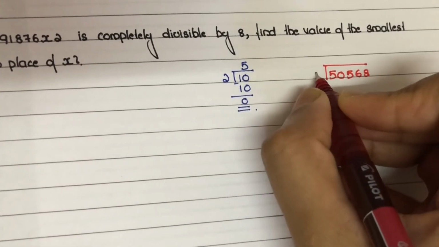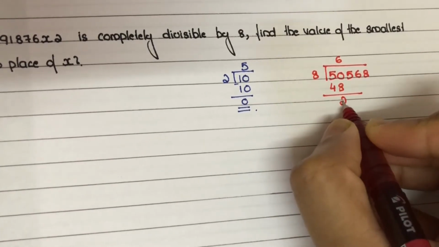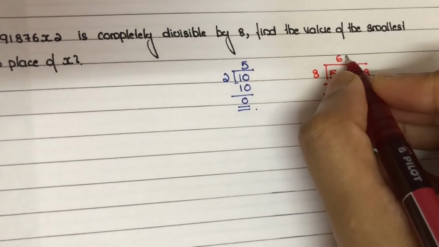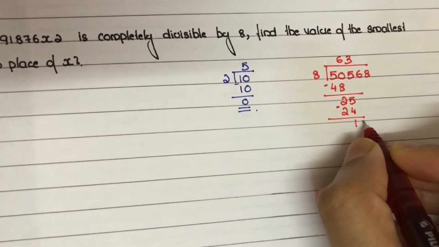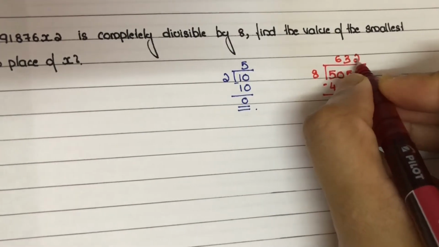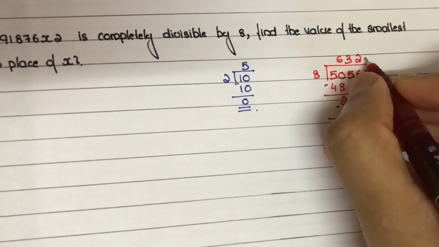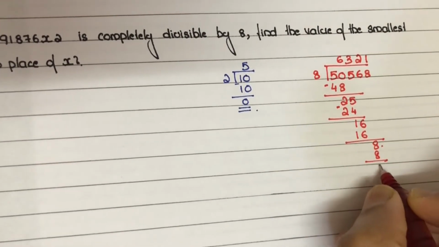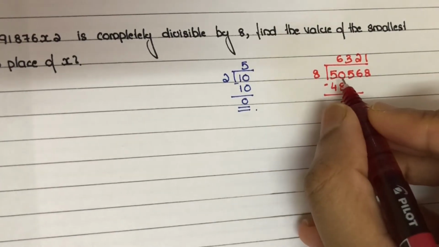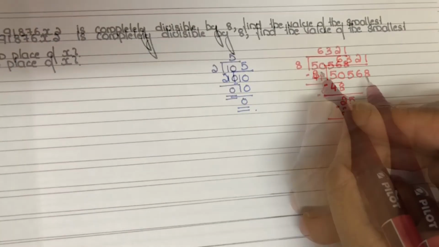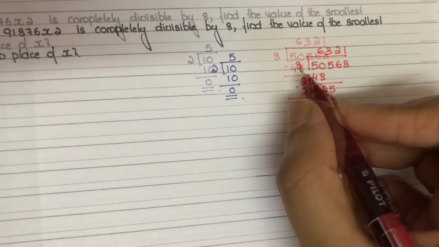If you divide it by 8, 8 into 6 is 48, 50 minus 48 is 2, then 25 minus 24 is 1, then 16, 2, 16, remainder equal to 0. That is, 8 is a factor of 50568. Or we can say that this number is completely divisible by 8.